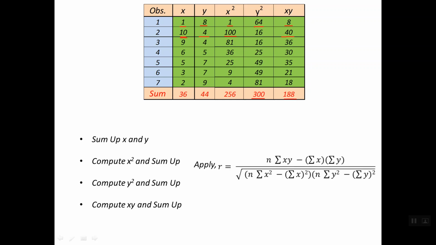So these are the needed calculations in order to adopt the first formula, which is r equals n summation of xy minus summation x times summation of y, divided by the square root of n summation of x squared minus summation of x all squared, and this is multiplied by n summation of y squared minus summation of all y squared.